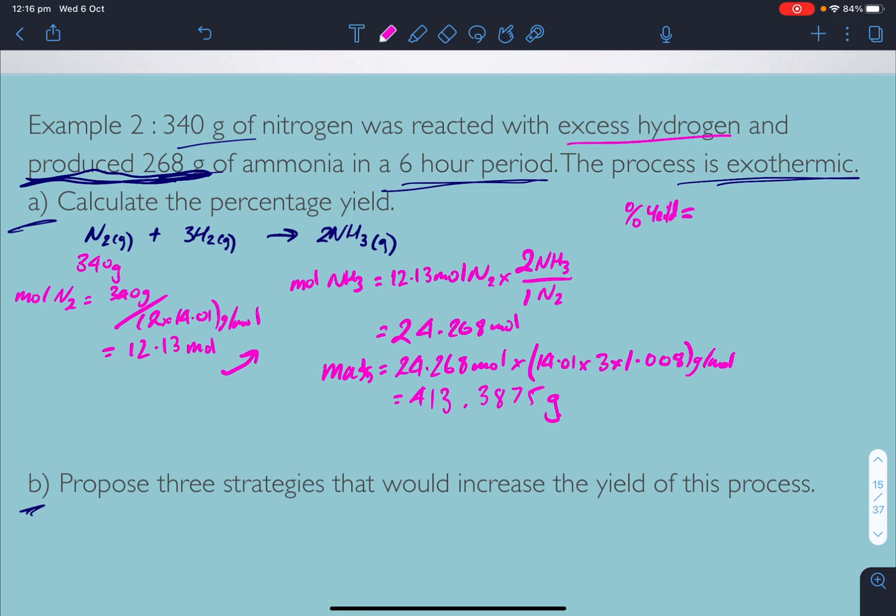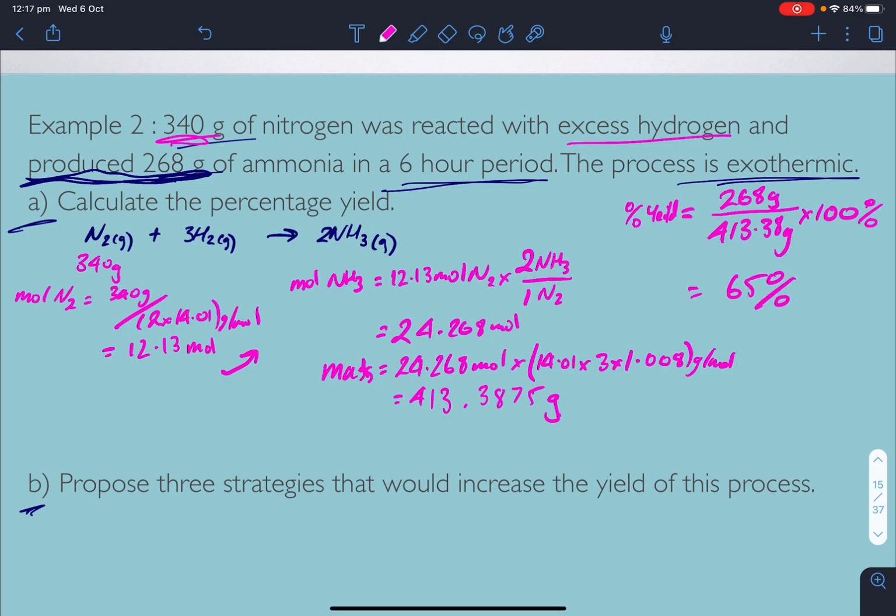It's I-E. I need to remember that spelling. So my actual yield was 268 grams over my theoretical, which was 413.38 grams, times by 100. 64.8. Or I can only go 2 sig figs because of the 340. So that's 65%. 65% yield.